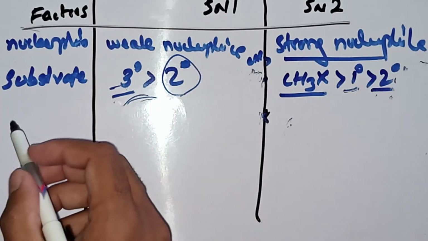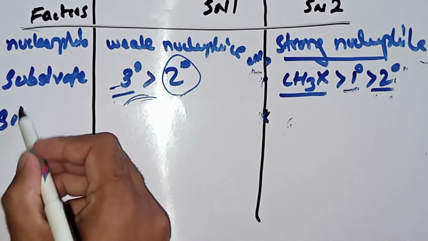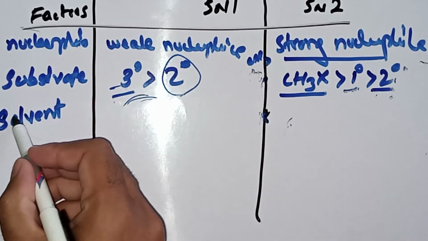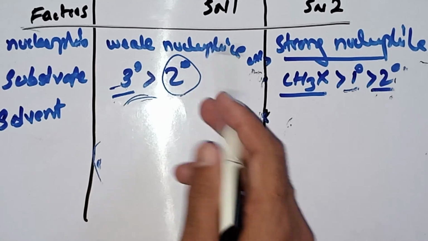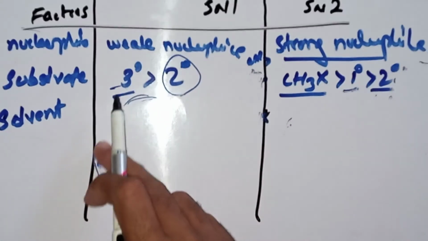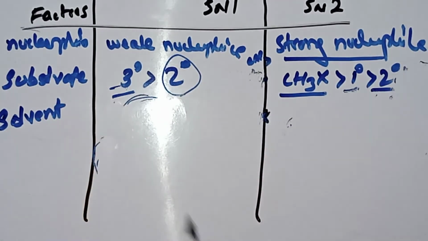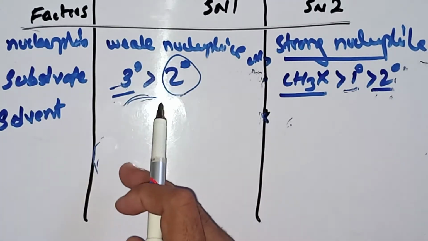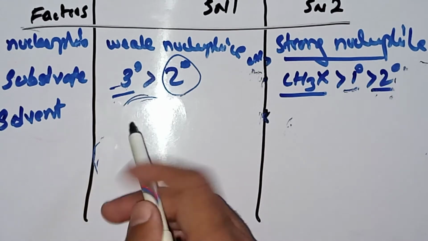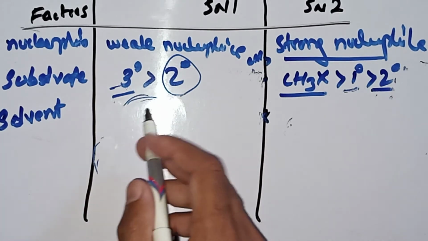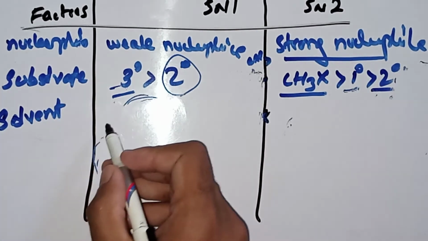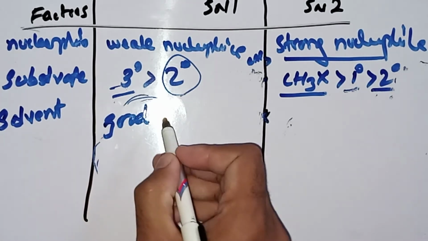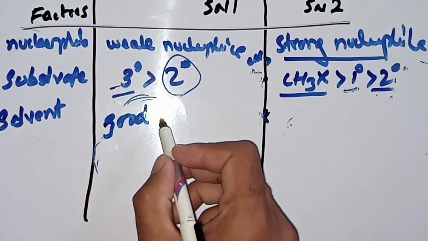Another factor is the solvent effect. In SN1 reaction, solvents that can ionize the substrate will speed up or increase the rate of the reaction. So a good ionizing solvent will be used in the SN1 mechanism.